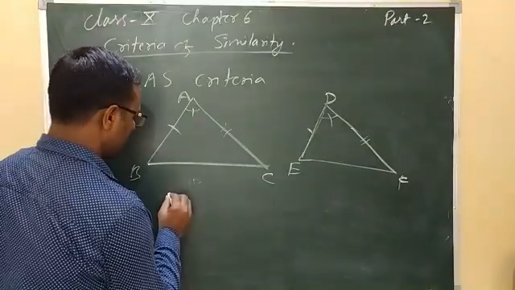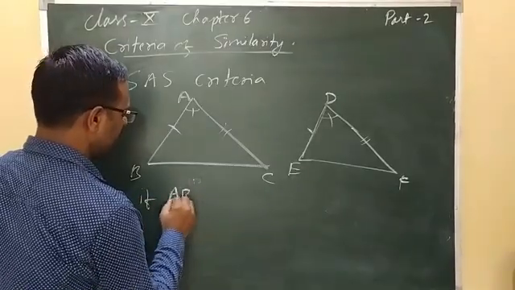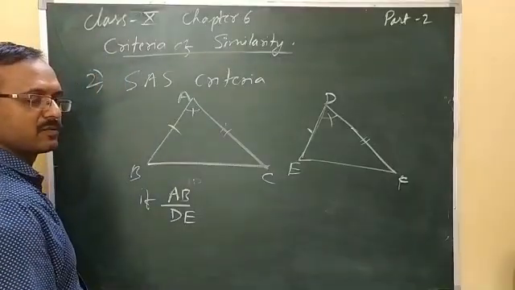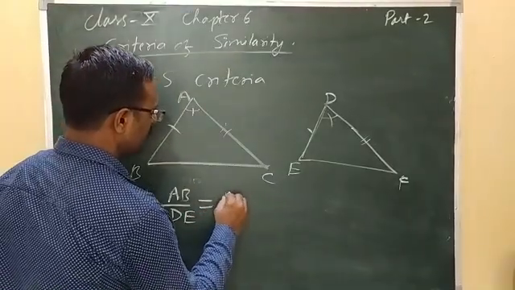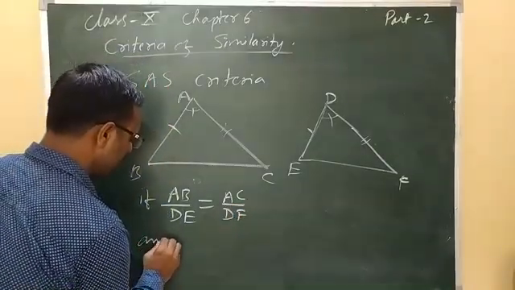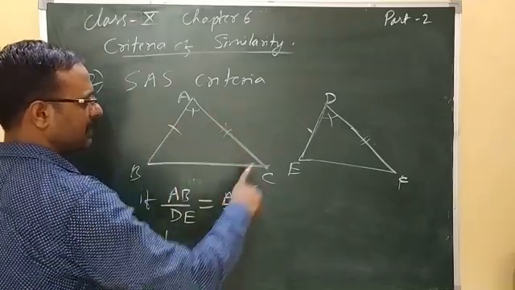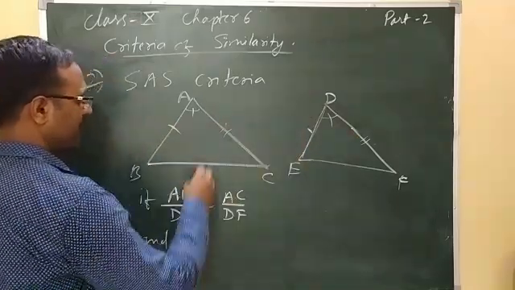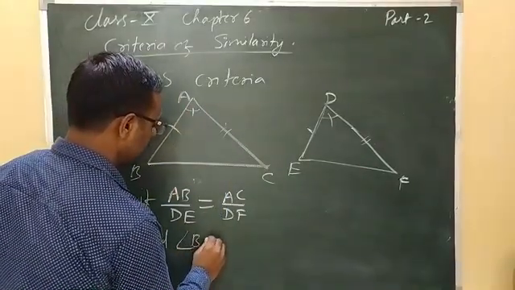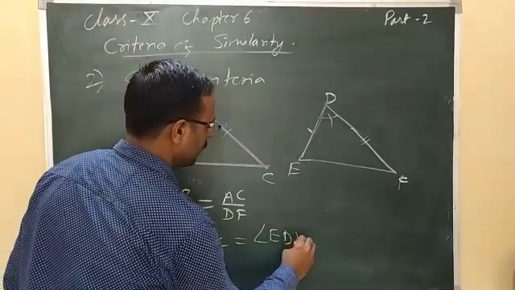That is, the criteria is like this: if AB upon DE, we have taken the first side of the two triangles, is equal to AC upon DF, and now we have taken the two sides AB and AC, here DE and DF, the included angle between these two sides is angle BAC equal to angle EDF.